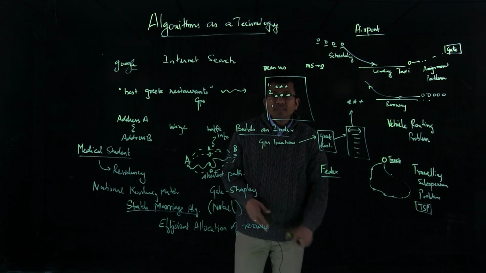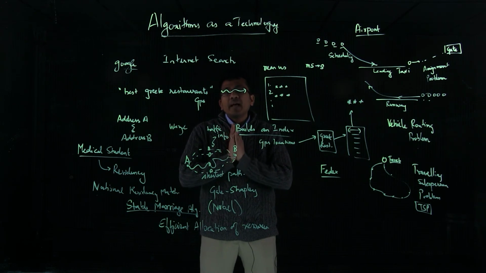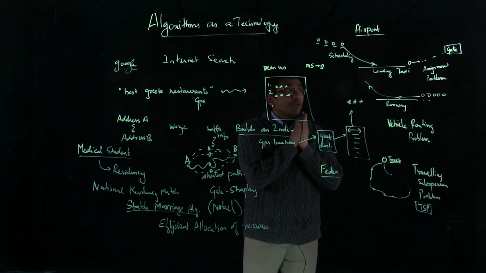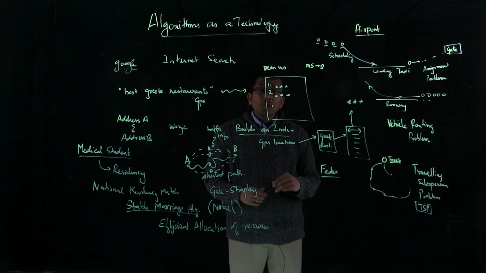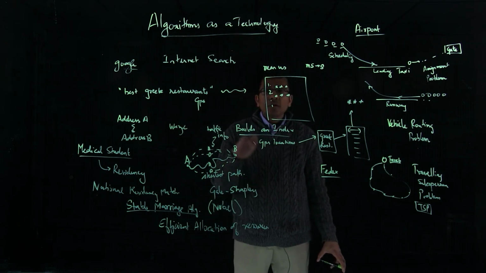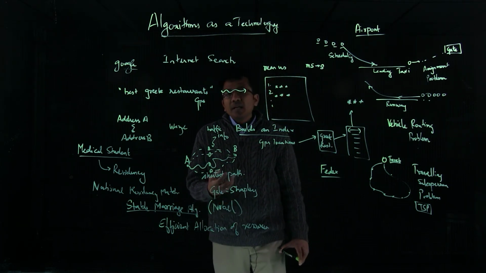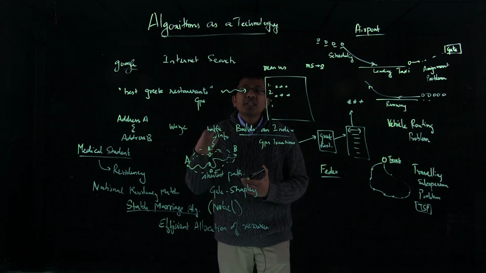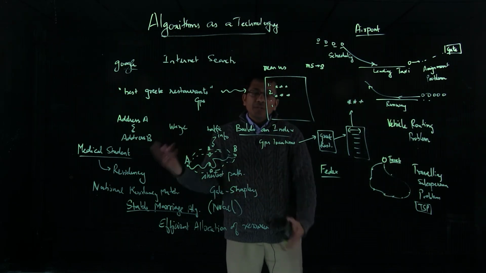So there are a ton of places in our life where algorithms come in and help us be efficient, help us avoid wastage, help schedule things, help assign jobs to people. So algorithms are really all around us. So next time you're using a computer application, or you're in the airport, or you get a package delivered by FedEx, I would invite you to imagine what kinds of algorithms were employed to make sure that the package reached you, or to make sure that you actually got on a plane and took off safely to your destination.